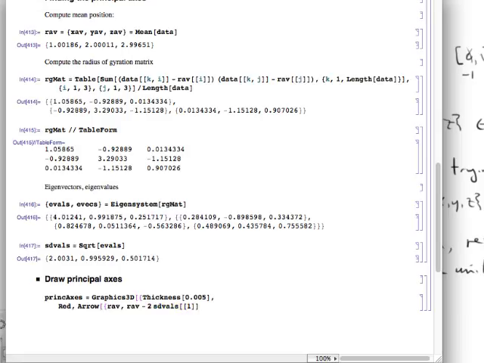So there's the first of the standard deviation values. There's an arrow that goes one direction along that axis, and here's the arrow that goes the other direction along that axis.